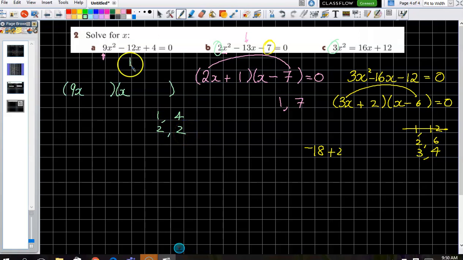And you look at what we want in the middle. Oh, and what's the other way? So any good with that? 9, 4s are 36. If you put the other way around, no good. 9 times 2 is 18, and 2, that's not going to get you.